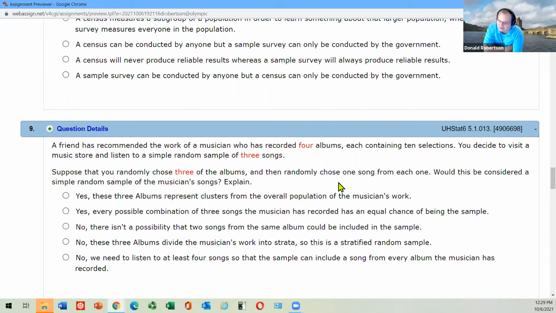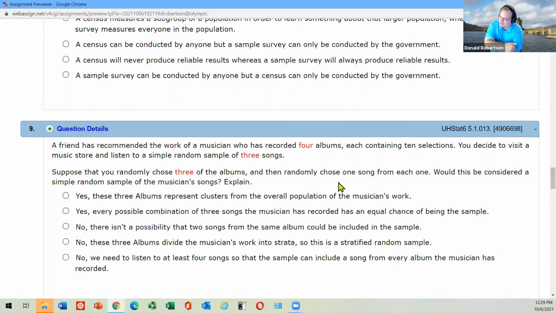If I decided to take all 12 albums and randomly pick 2 songs from each album, that would be a stratified sample. If I decided to listen to the first song in each of his 12 albums, wouldn't that become a systematic sample?